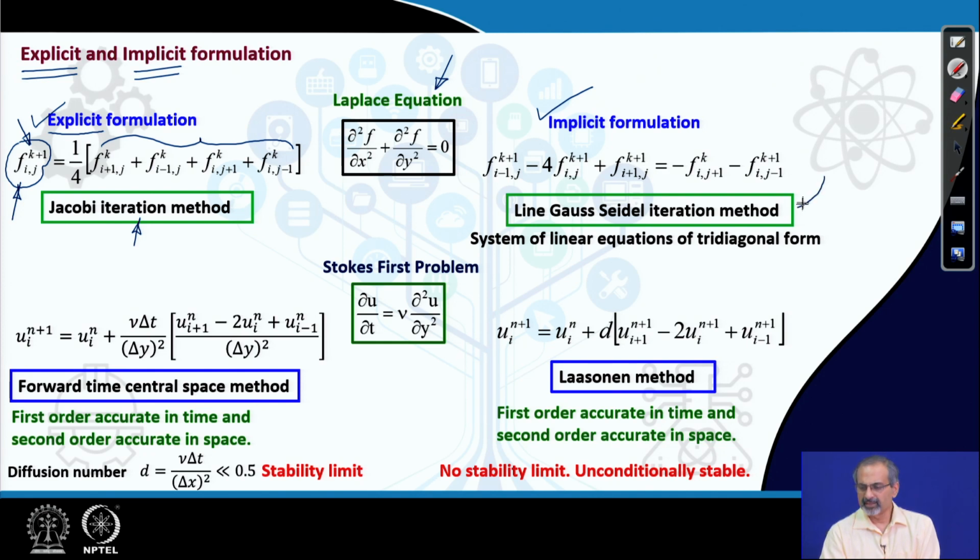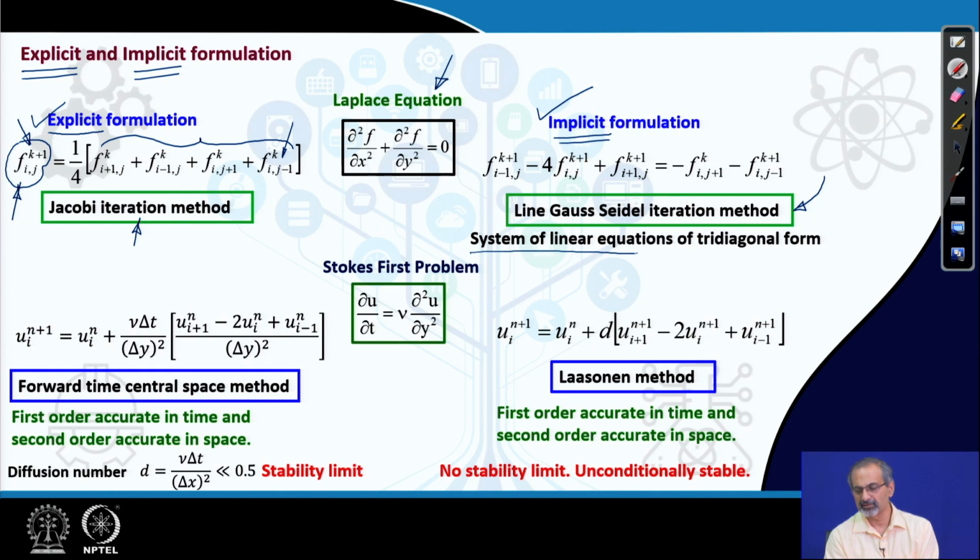On the other hand, the same problem can be solved by solving for values of f at multiple grid points at the same time simultaneously, not one grid point at a time. That comes through what is called as an implicit formulation. So, the value of the function will not be available directly from one equation, but rather value of f at multiple points will be solved simultaneously through a set of simultaneous equations.